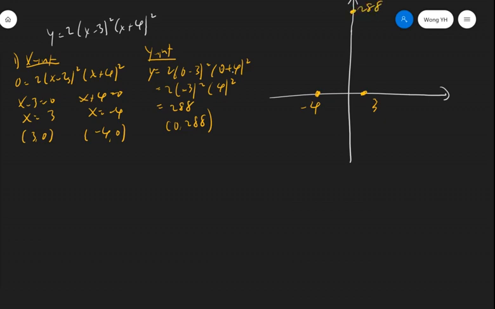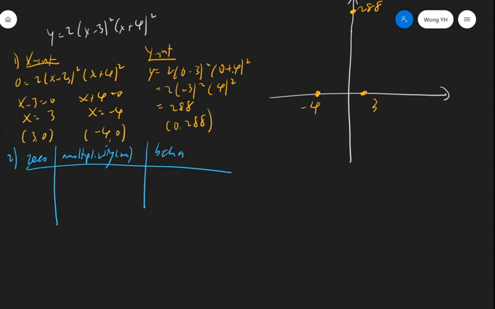Alright. So next we can proceed and find the zeros, the multiplicity, which is m, and of course we're going to find out the behavior. The first zero is taken from here, so we get 3, we get minus 4. Once again we will have to look at the multiplicity.